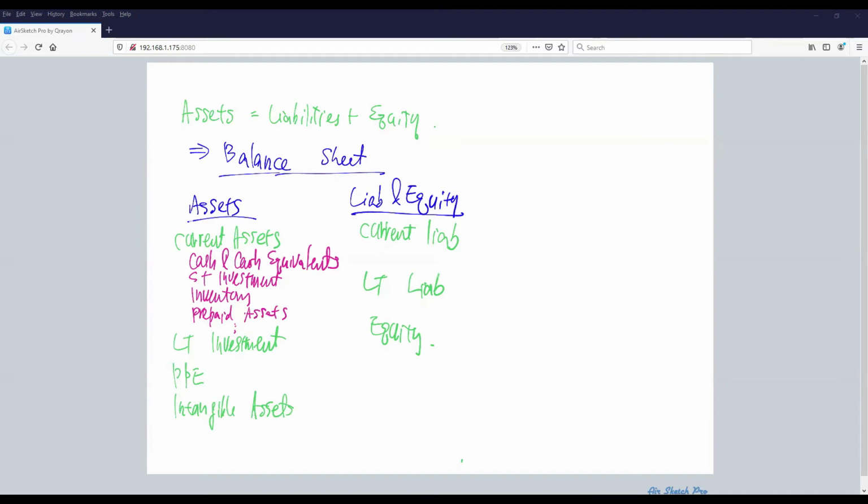And what I'm trying to say here is this cash and cash equivalents is what you study in this chapter, chapter 7.